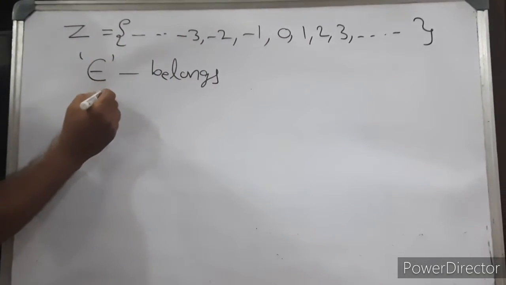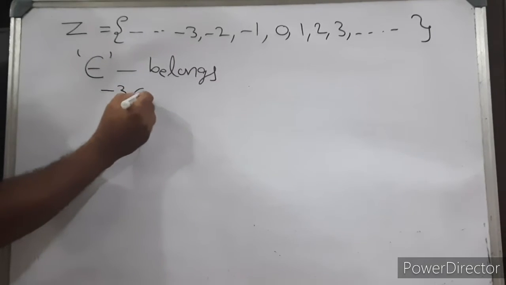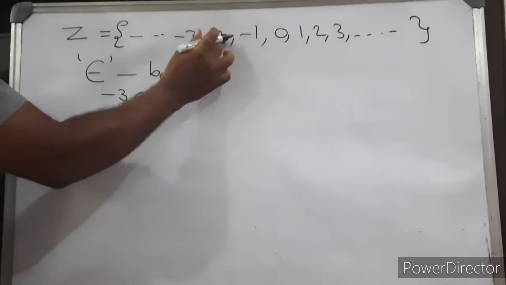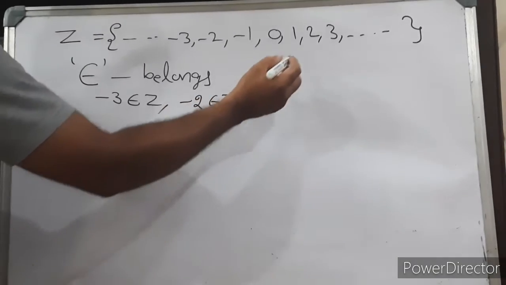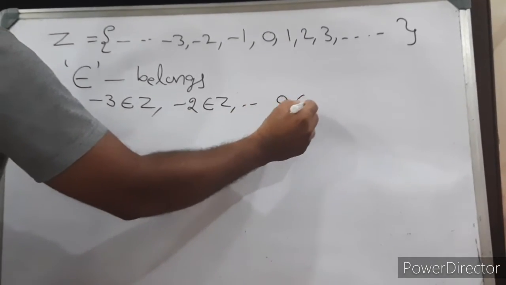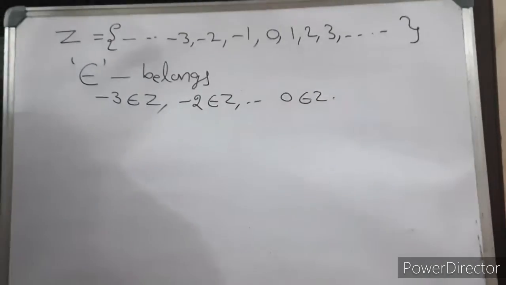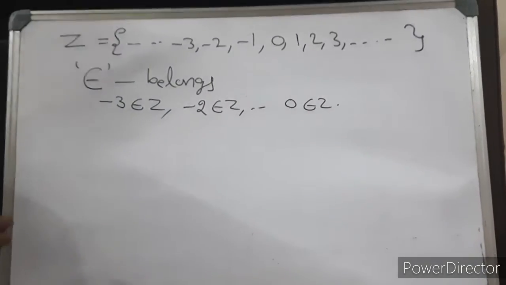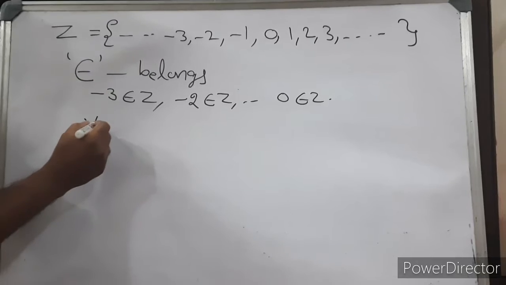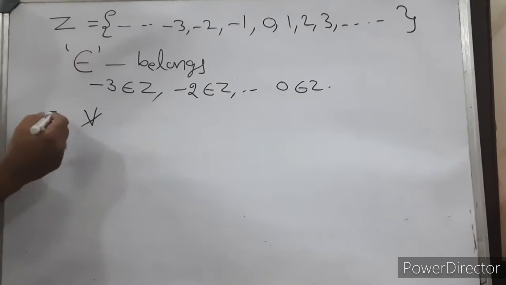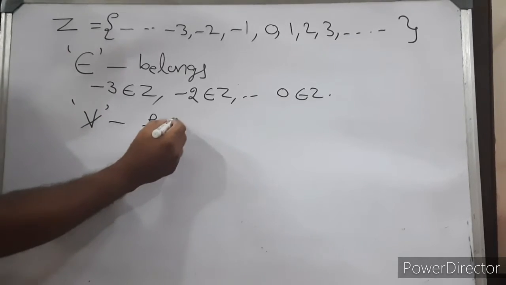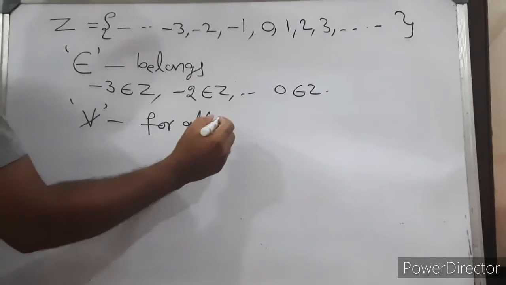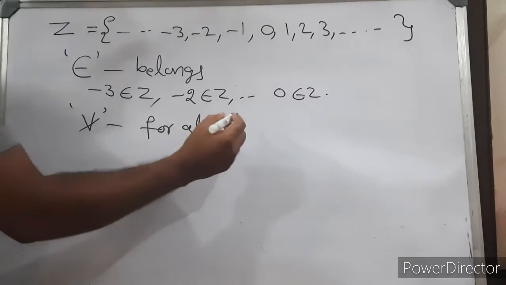So -3 belongs to Z, -2 belongs to Z, and so on, 0 belongs to Z. And also another symbol, which denotes for all, or for every.